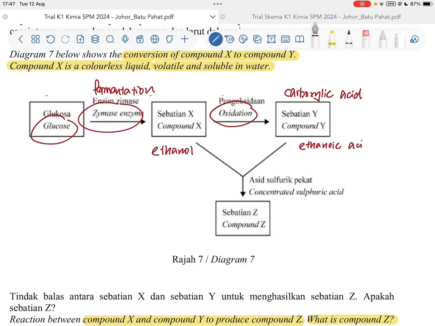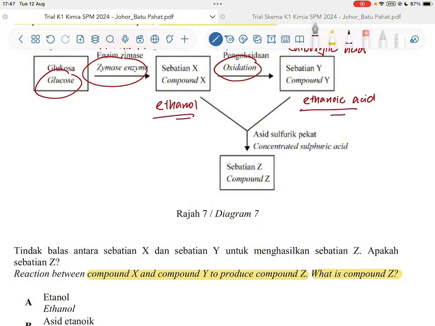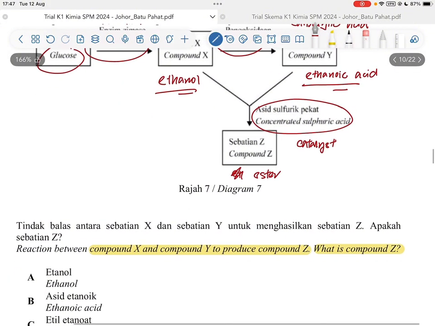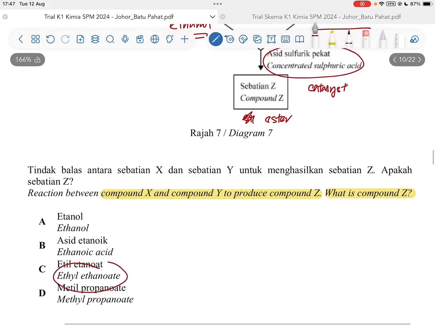So X and Y will produce compound Z, meaning X is ethanol and Y is ethanoic acid. With concentrated sulfuric acid as a catalyst, it will produce an ester. Ester is produced from the reaction between an alcohol and a carboxylic acid. So definitely the answer would be ethyl ethanoate.